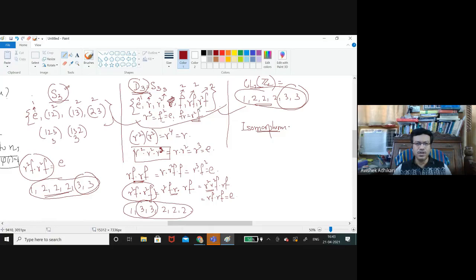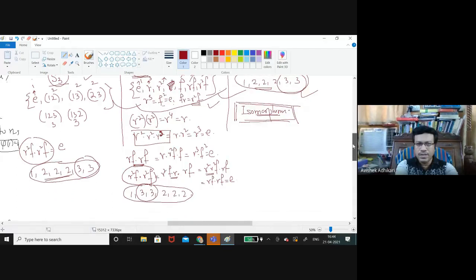So as a result, we do not distinguish these three groups algebraically. Though they look quite different, they are obtained from permutations, symmetries, and matrices, but they look exactly the same. This is a very important topic of algebra, and we will study it maybe after 2 or 3 classes.